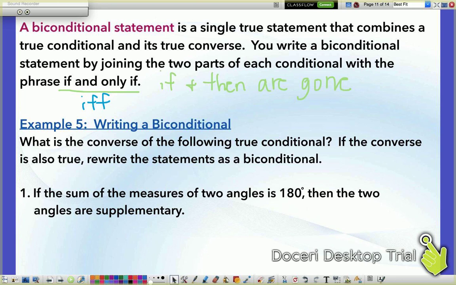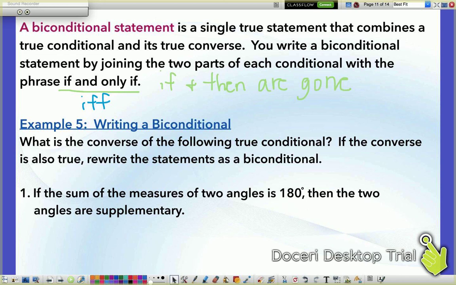All right, so we're going to write the converse of the statement, and if it's true, we're going to write it as a biconditional. And I do not have a lot of room here.